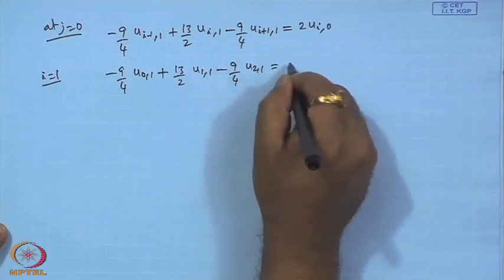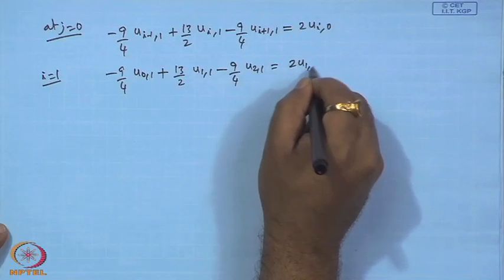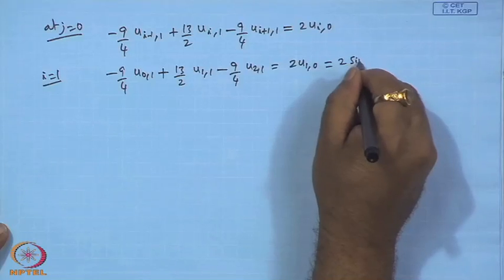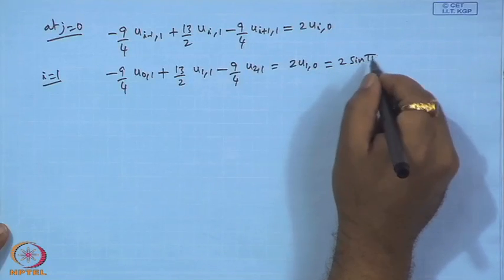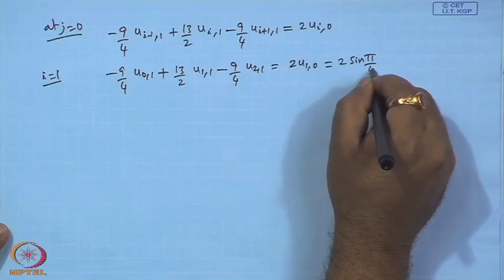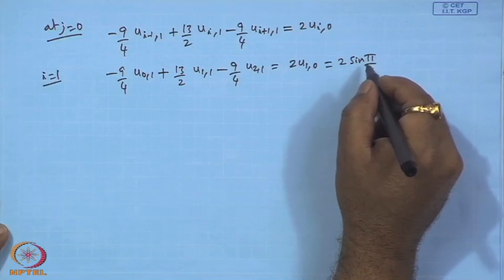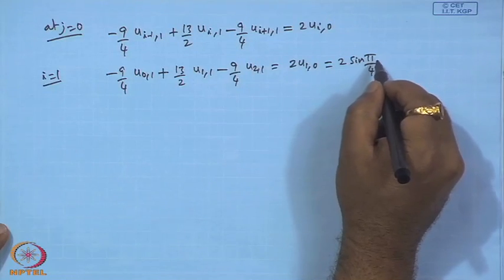So, this is nothing but 2 sin pi by 4, our initial condition pi x.